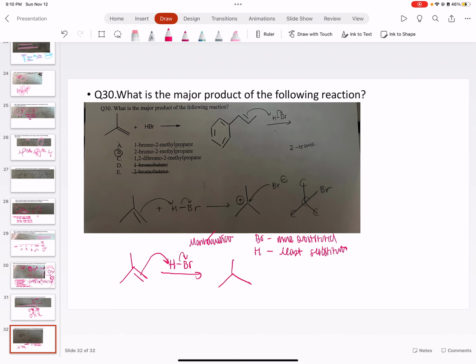So my hydrogen will go on the least substituted side, while my bromine will go on the most substituted. We have a negative and it's going to attack that positive. And a nicer way of drawing this would be like this.